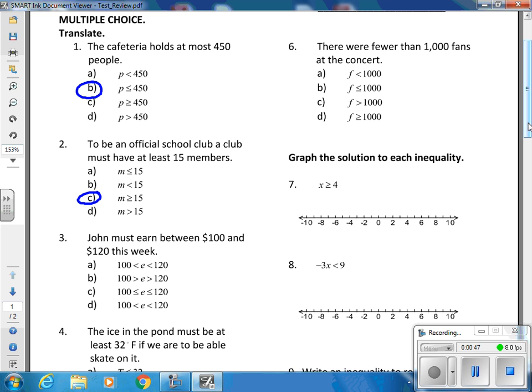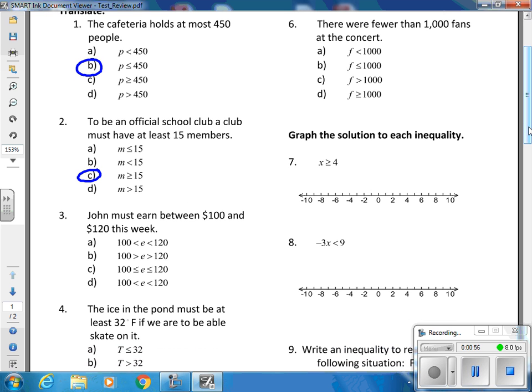For number three, John must earn between $100 and $120 this week. He can earn exactly 100 and exactly 120, right? So your E in this case has to be between 100 and 120. We always put the littlest one on the left and the biggest one on the right, right? And then because it's between, you cannot go over 120, but you can be equal to 120.